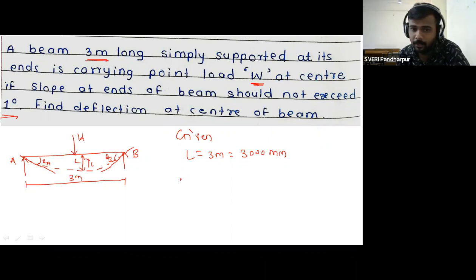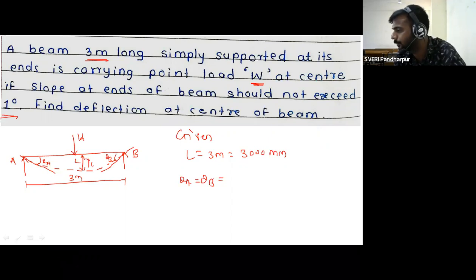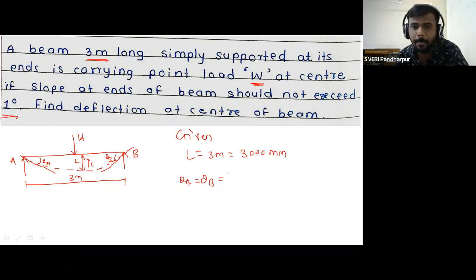W is not given. So theta A is equal to theta B, which is equal to 1 degree. So you have to convert in radian. So 1 into pi by 180.